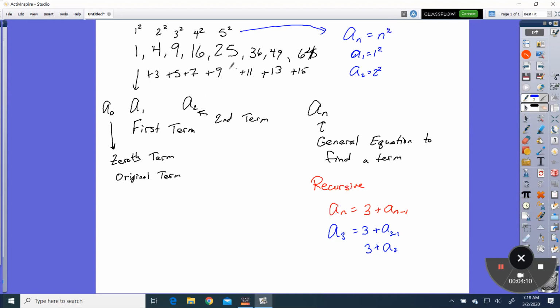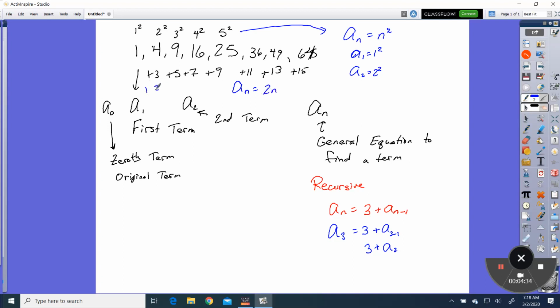Or if you use these numbers down here, then it gets more challenging. Then it's really weird. Let's see. I came up with this formula once. An equals, I think we did 2 times n.